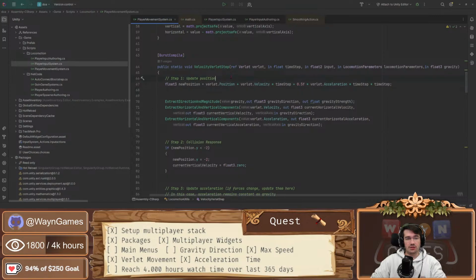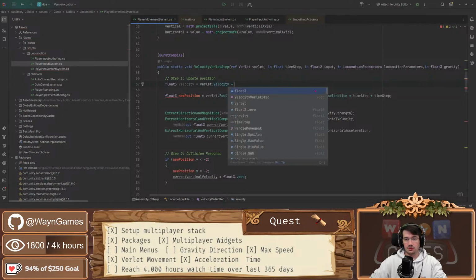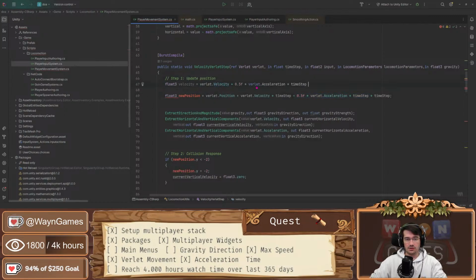So in fact, if I create another float 3 velocity, and put it equal to the velocity plus 0.5 the acceleration, and I use that here, that should give me the same results.